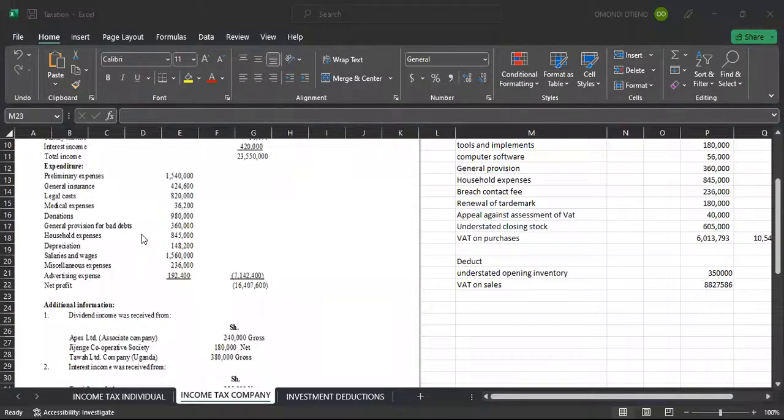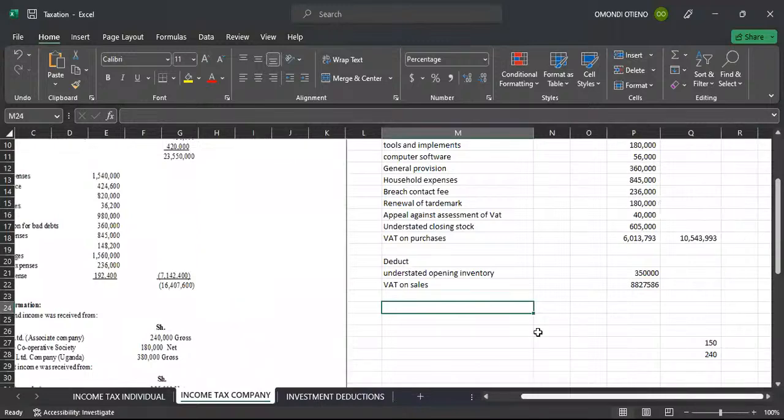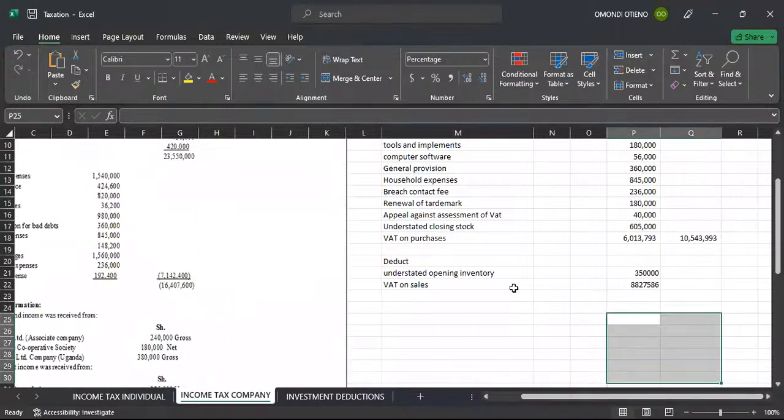Another item. Some people are asking me about the photocopying machine. We said VAT on both purchases and sales is not supposed to be recognized as sales, and also not supposed to be recognized as expenses. So any VAT that is there should not be used to reduce or increase your taxable income.